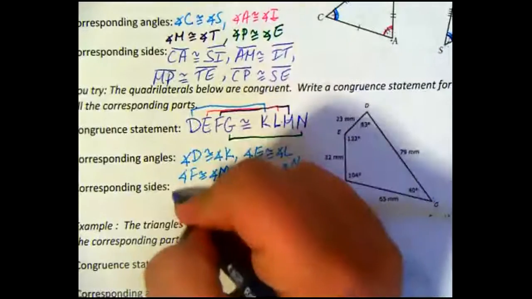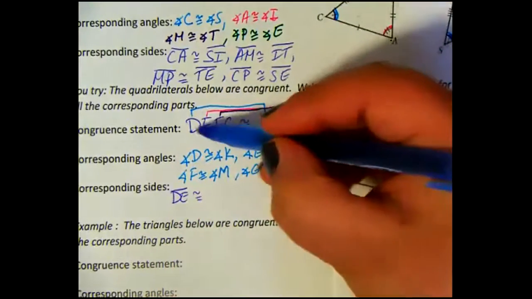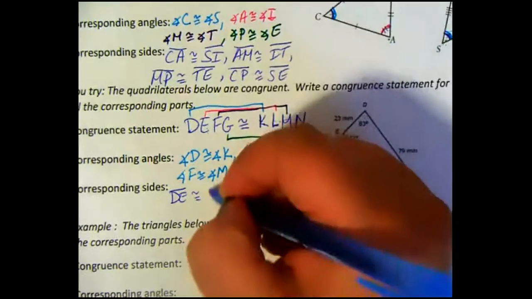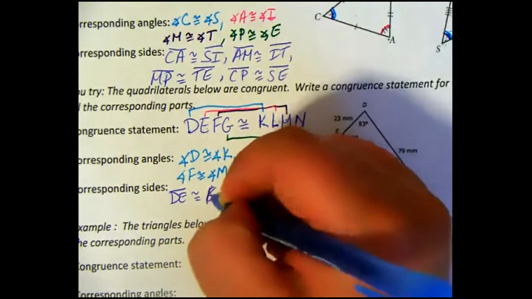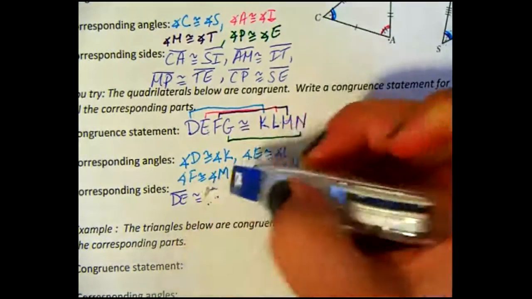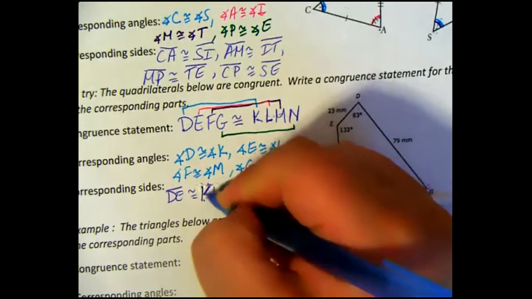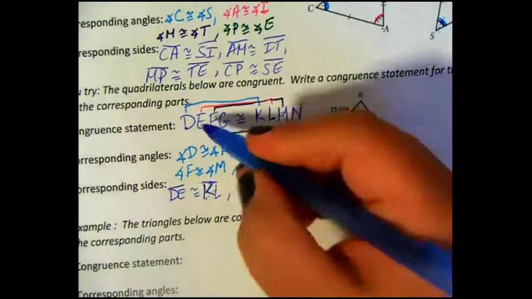So D, E is congruent to KL. So first two. Oopsie. I made the boo-boo. Okay, that's KL.